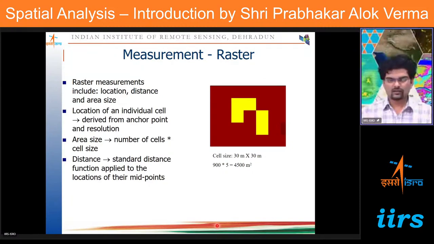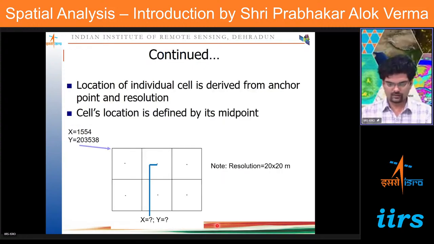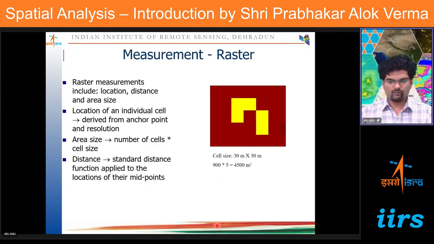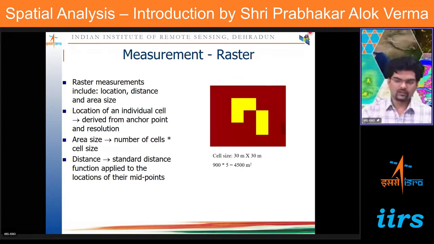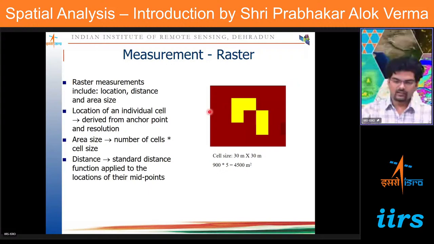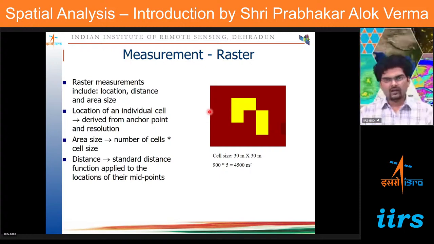In case of raster, things are a little different. For example, in raster, if you have to find out area of certain feature, and it is a regular raster, regular means shape, size, and orientation of the raster cells are same, which means all the cells of the raster have same shape, same size, and orientation is also same.